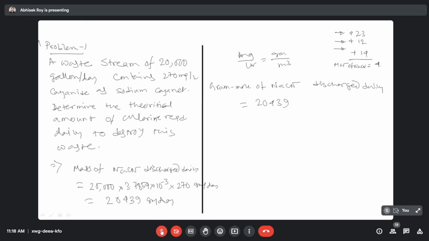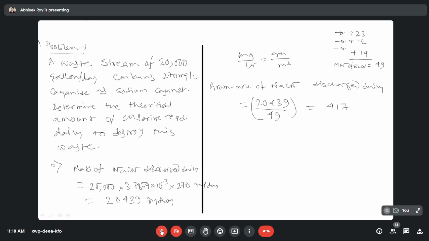It is 49. 23 plus 12 plus 14, so 49. So if 49 gram means 1 mole, so 20439 means how much gram mole? That will be divided by 49. So that much gram mole is discharged daily. So this will come as, calculate কত আসছে? 417. 417, that much gram mole, right?